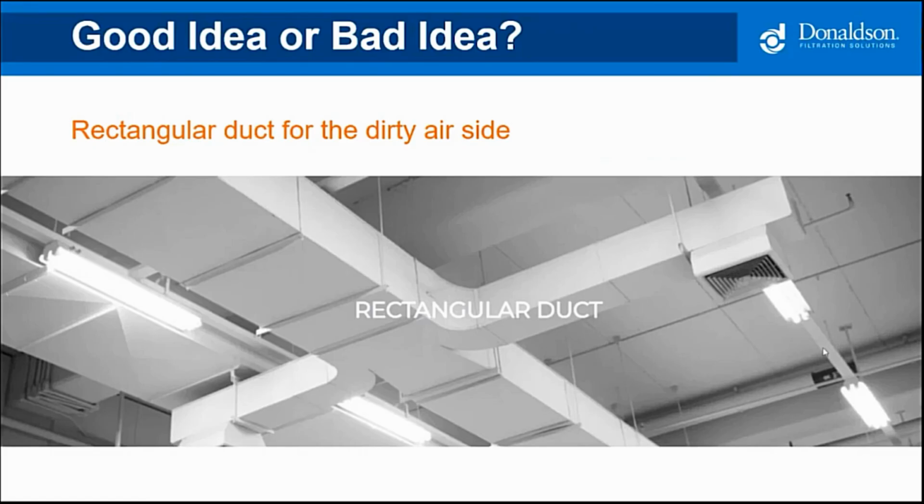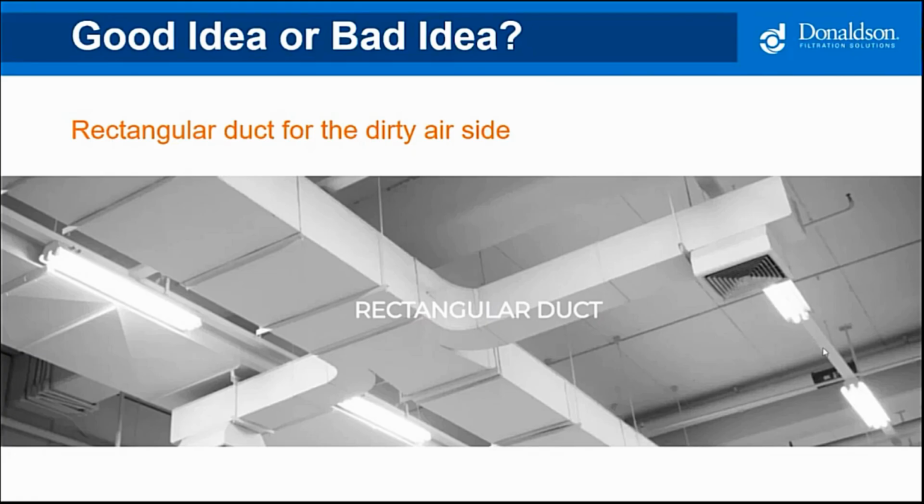Rectangular duct on the dirty air side. So again, typically when I see a rectangular duct put in an industrial ventilation system on the dirty air side, it's someone with HVAC background. Why is that not recommended? Well, I mentioned briefly about having more than 1/32 of an inch of dust in the ductwork.